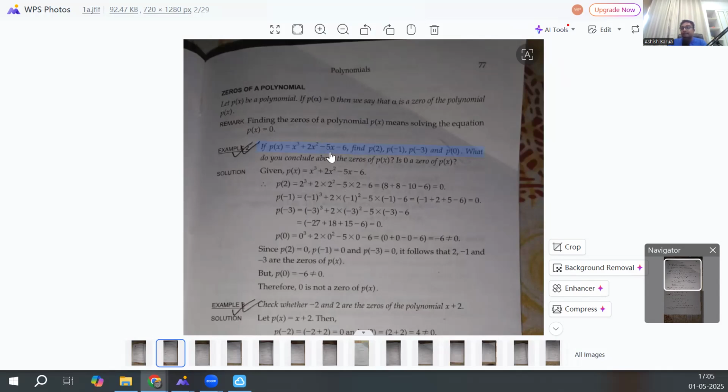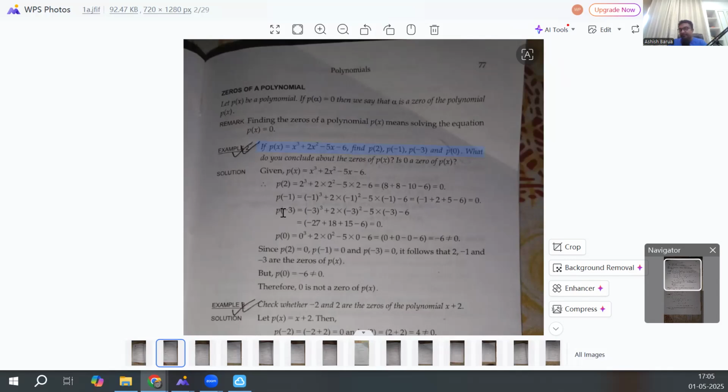Then minus 5x, so minus 5 into minus 1 becomes plus 5, and minus 6 remains. So ultimately what do we get? Minus 1 plus 2 plus 5 minus 6, ultimately 0. So all put together becomes 0. That means -1 is a zero of the polynomial p(x).